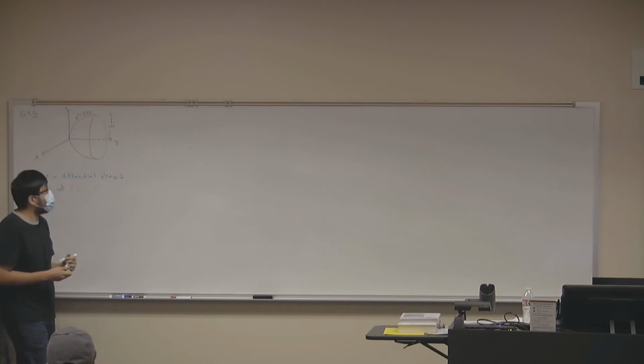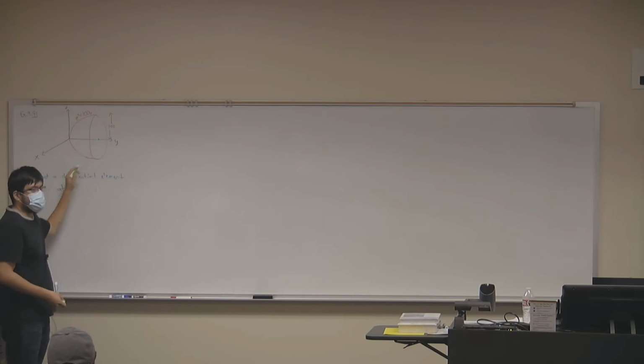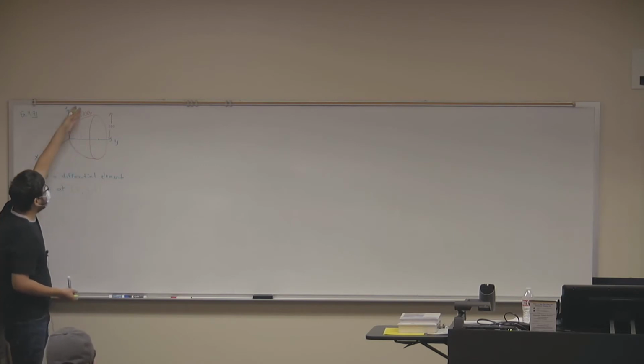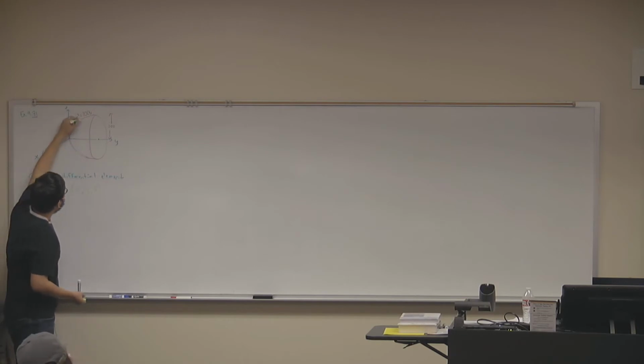So instead of dealing with a horizontal element, where we would need to solve for the area of a parabola, I would like to use an element that has its center at the y-axis. In other words, I'm going to grab a tiny slice of this paraboloid. And that tiny slice is going to look like this.